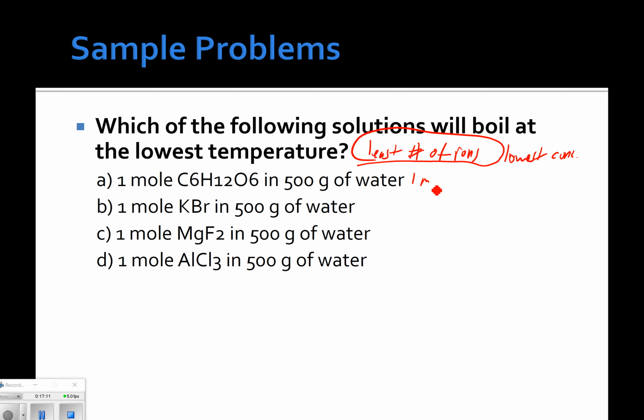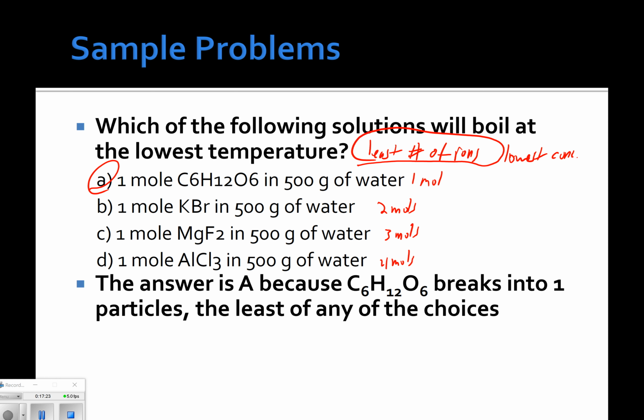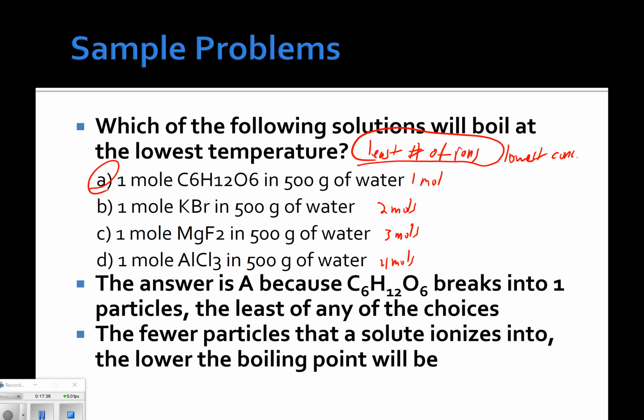We said this was 1 mole, 2 moles, 3 moles, and 4 moles. A would be the least concentrated, or would have the least number of ions, and therefore would have the least effect on the boiling point of the resulting solution. Fewer number of ions, smaller effect on the boiling point or freezing point.